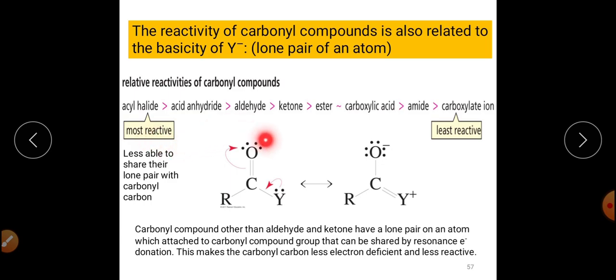So this is the general trend. If we remove aldehyde and ketones from this trend, the remaining trend you have already studied in semester number 3rd. So if we insert aldehyde and ketones in this trend, the trend will become like this one. This is the overall trend of all the compounds containing carbonyl group C double bond O.